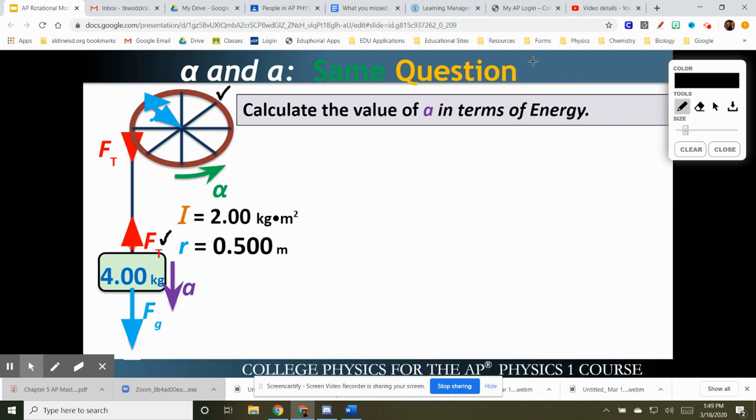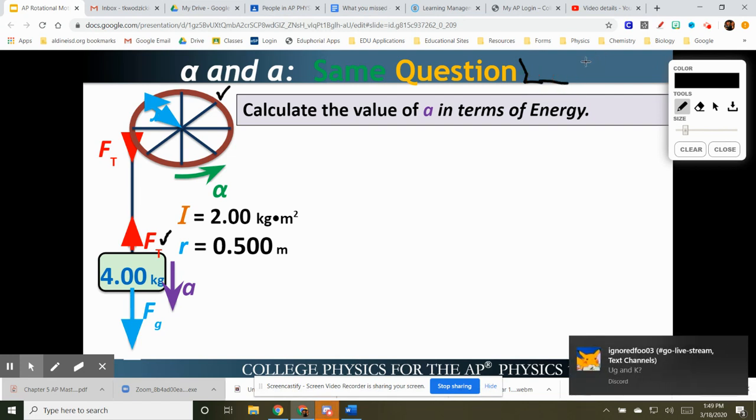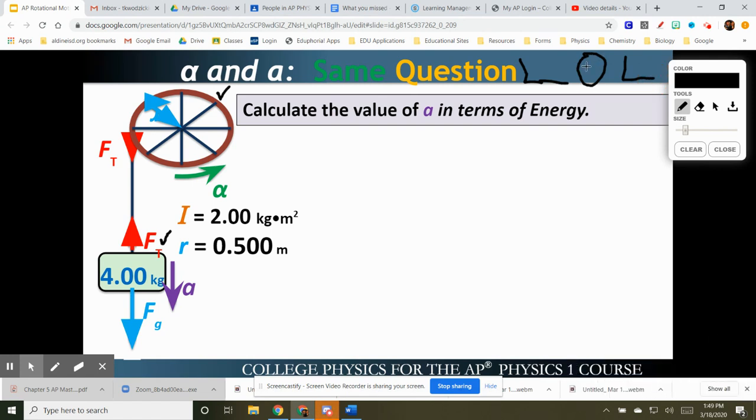So let me just draw it up here. L, that's a terrible L. O, L. So in the system is the wheel, the block, and planet Earth.